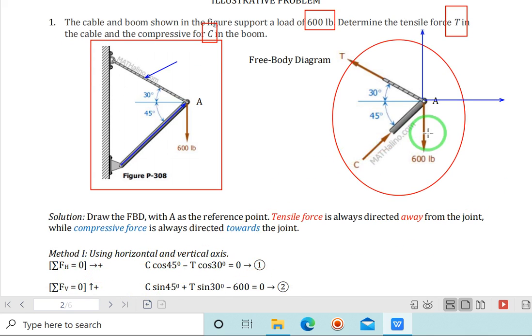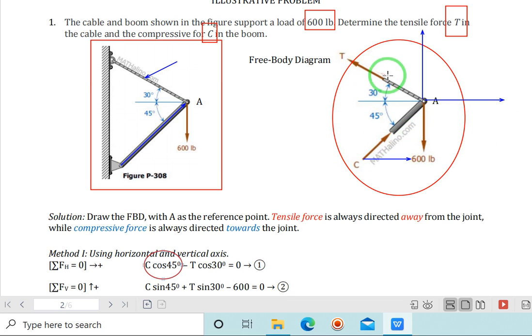So summation of forces along horizontal is equal to 0, assuming all forces towards the right, or towards the positive x-axis, are positive. This is your horizontal component of the compression force, so we have C cosine of 45. That is positive because it is acting to the right.